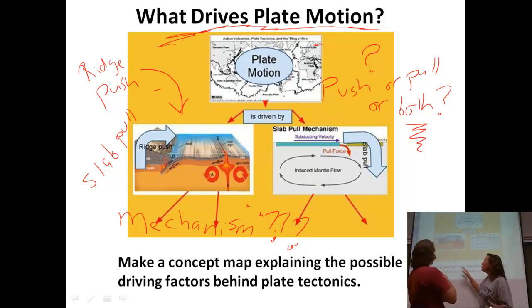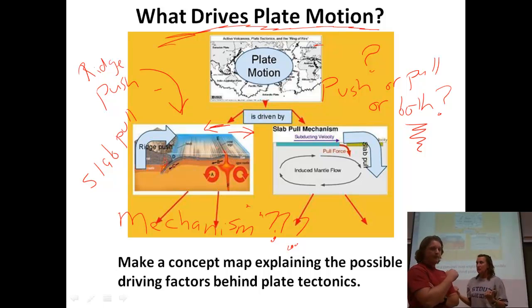With the idea of ridge push, remember this is at a divergent plate boundary where the hot magma is coming up and it is pushing the plates apart. So the idea is that all of plate tectonics would be driven by that hot magma pushing plates apart. That's different from slab pull. What happens with slab pull?